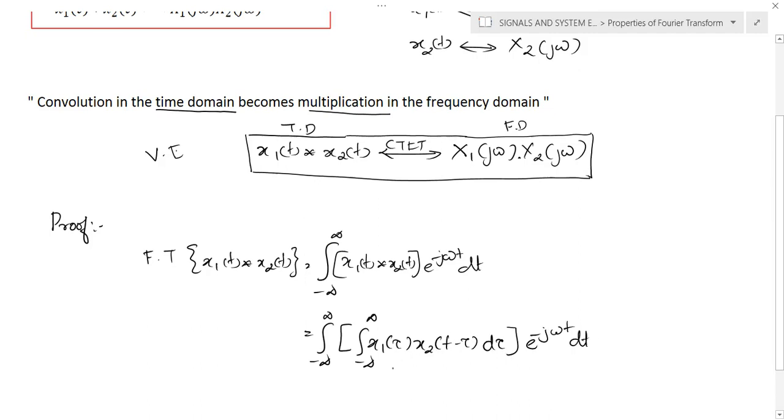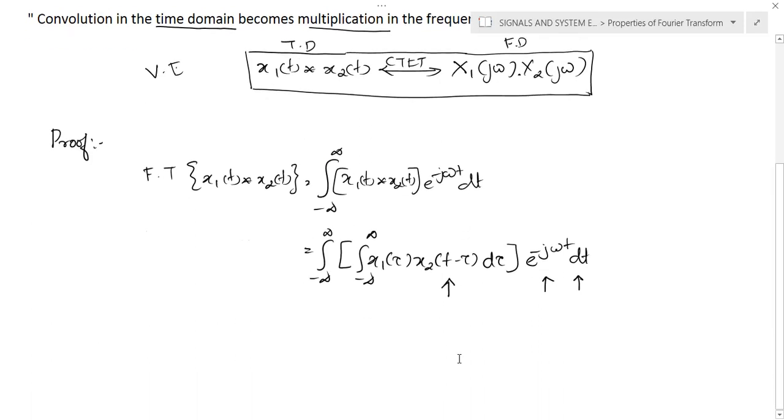Here in this particular equation, actually two variables are there: one is t and another one is tau. So we can group one variable first. So we can choose the t variable. Here we can see one dt, and here e raised to minus j omega t contains t, and this x2.